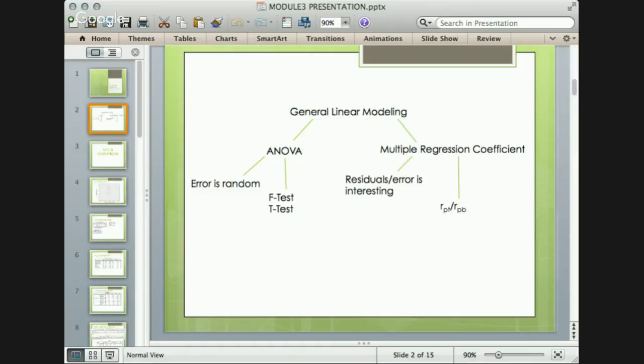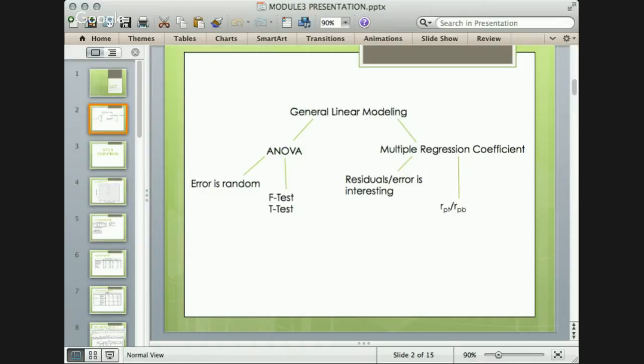Regression is predictive as well as a descriptive procedure, and it asks what the underlying relationships between or among variables are. Gary King's article says regression is simply a sample estimate of a population conditional expected value. When we look at ANOVA, we have our F-test and T-tests.